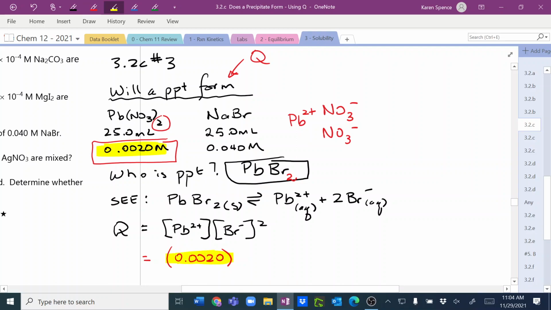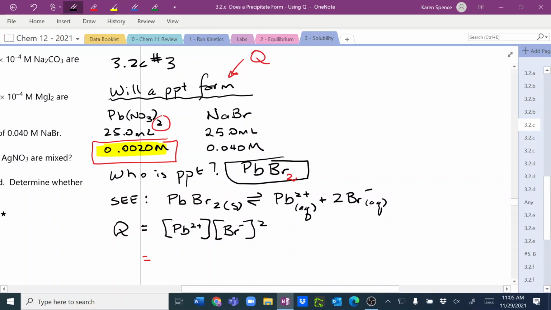That's just not going to work, but why not? Okay? Yes, those two solutions get mixed and they dilute one another. Okay? So we cannot do this. We need to find our diluted concentrations before we plug into the Q. So I'm going to get rid of that.